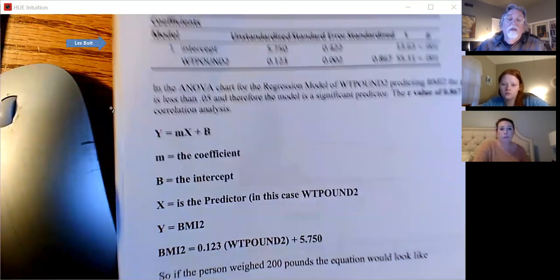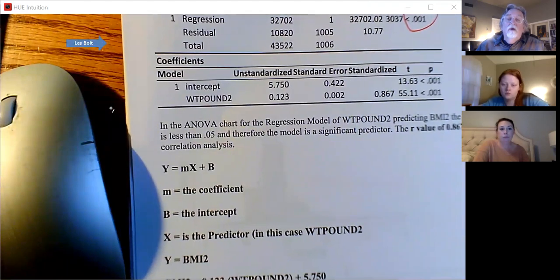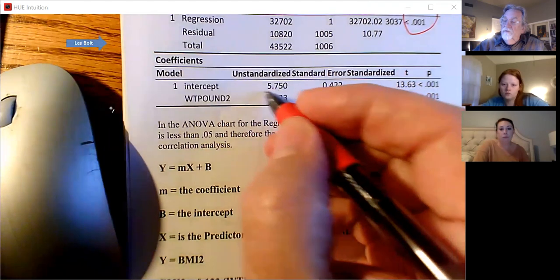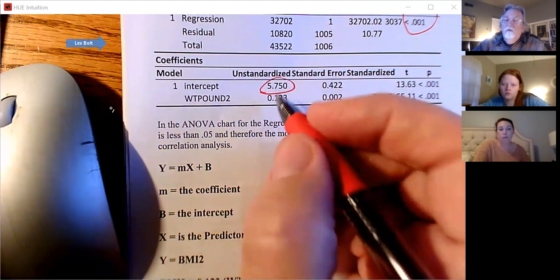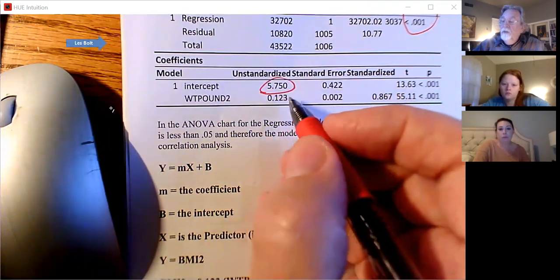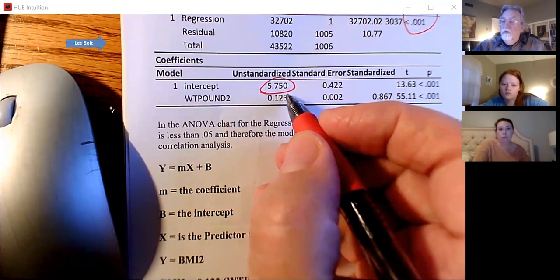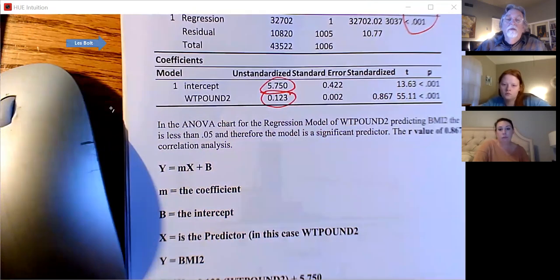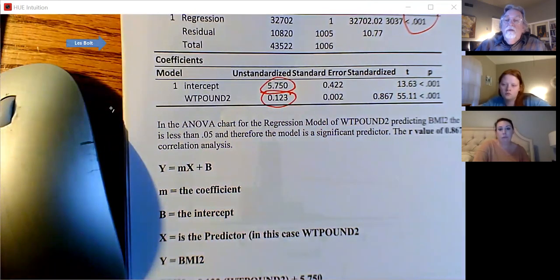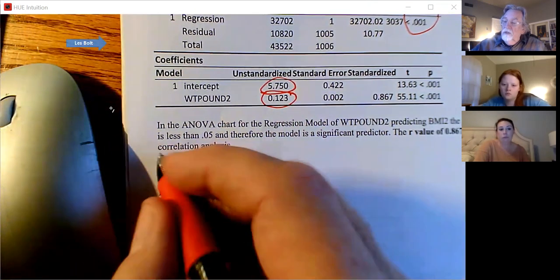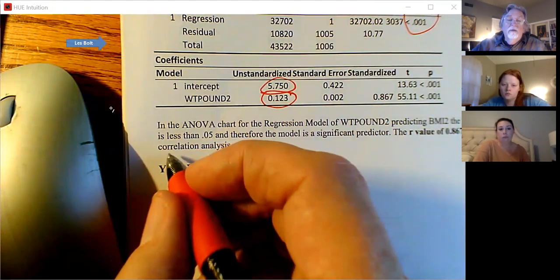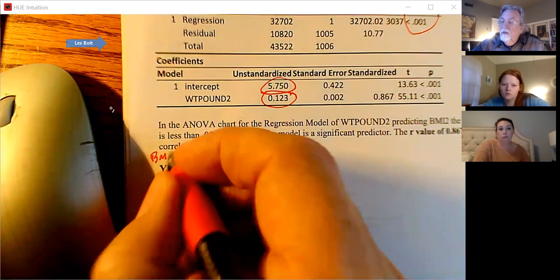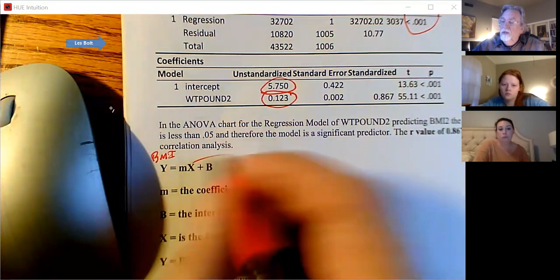The coefficient for the intercept is 5.75. The slope of the x variable is 0.123. And so we always know that we're predicting, in this case, BMI from weight.